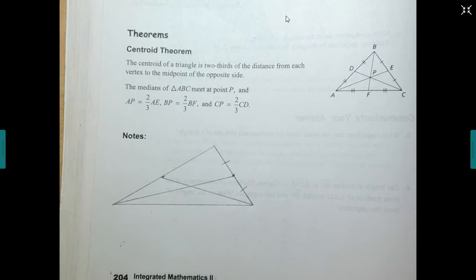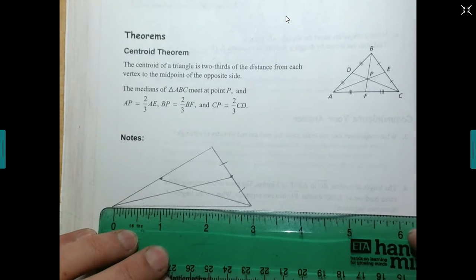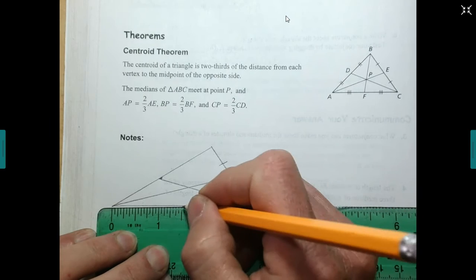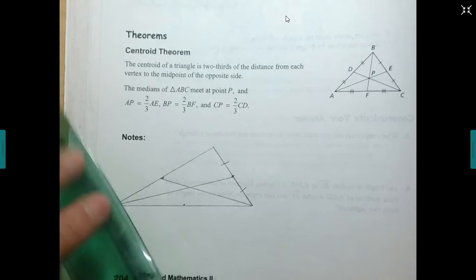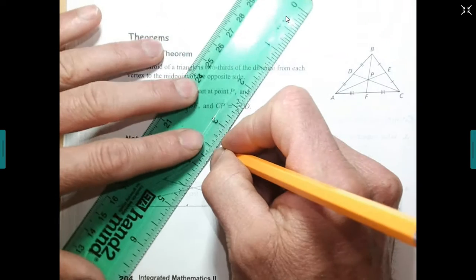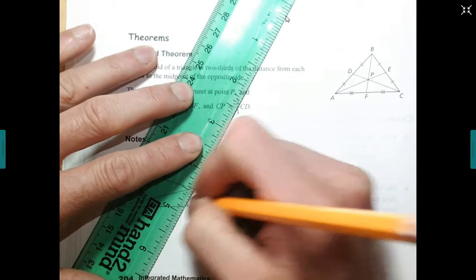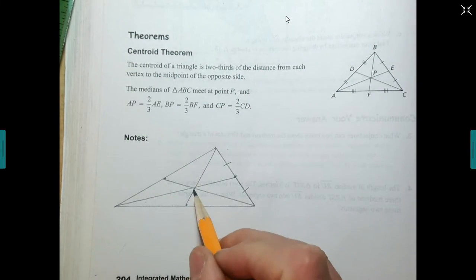And then this bottom one, got 3, so 1.5. Go up to this point, and they meet right here.